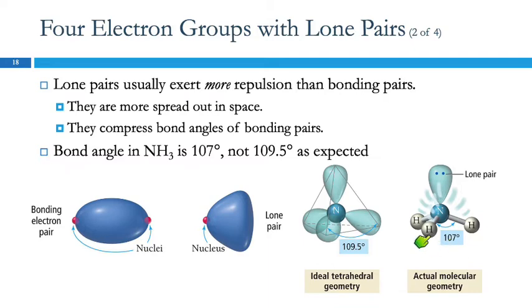They're going to be at 107 degrees. You do not need to memorize 107 degrees. You should remember 109.5. The lone pair, what I expect you to be able to tell me is that this angle is less than 109.5. Okay? It's going to push the other guys together. Any questions?